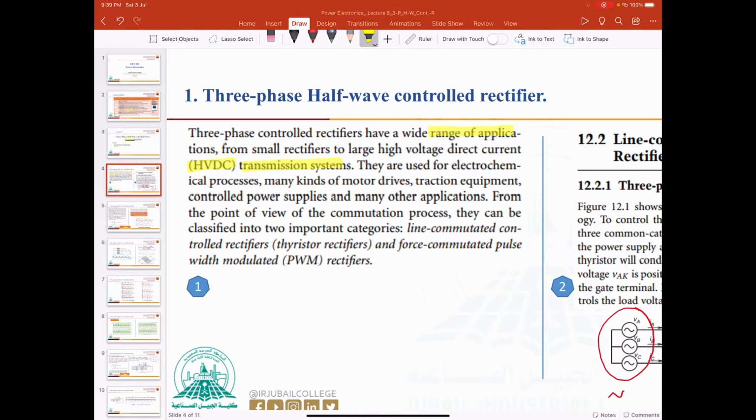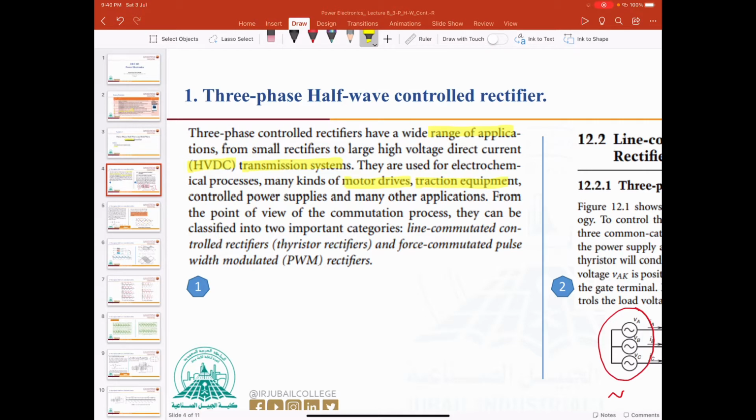You are used to AC transmission lines. Now for this example, we can use a three-phase half-wave or full-wave rectifier. Basically, it is a full-wave rectifier, in order to transmit the power from one location to another using a high-voltage DC system. And we also have many applications like this, like controlling motor drives, traction equipment, and so on.